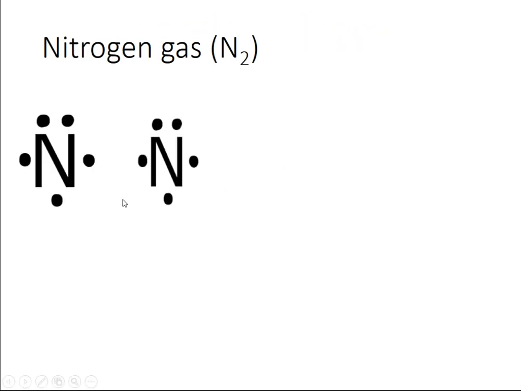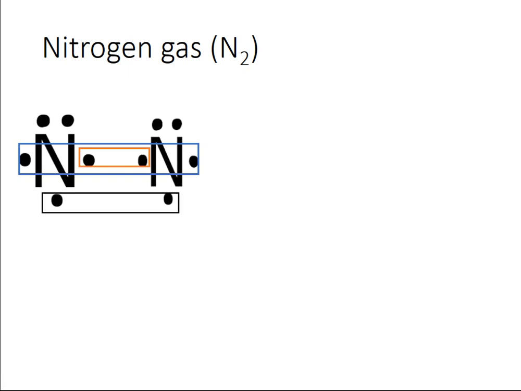If we look at nitrogen gas, we can say this is pair 1, this is pair 2, this is pair 3. So that pair will form a chemical bond, this pair will form a chemical bond, and this pair will form a third chemical bond.